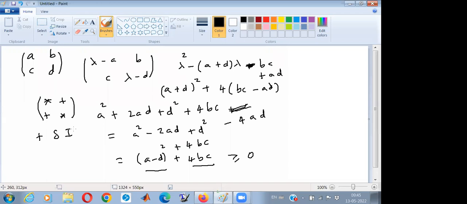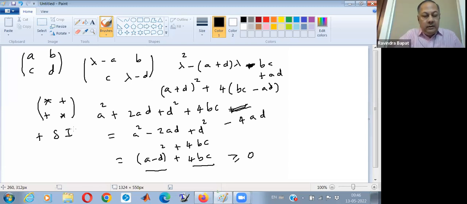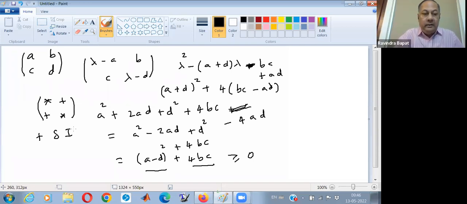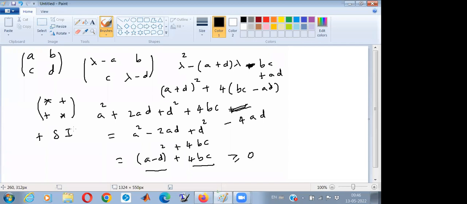Sir, if the diagonal entries are arbitrary, you mean it should be real or complex? No, if the diagonal elements are arbitrary, but the off-diagonal elements are positive, suppose, then eigenvalues are real, because of the same proof. If diagonal entries are complex, then no, it will not be real.